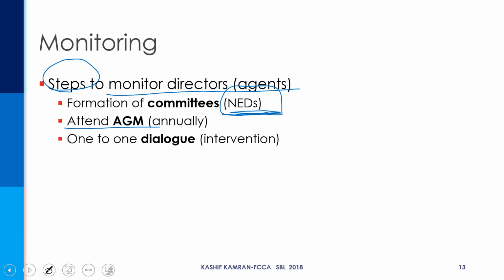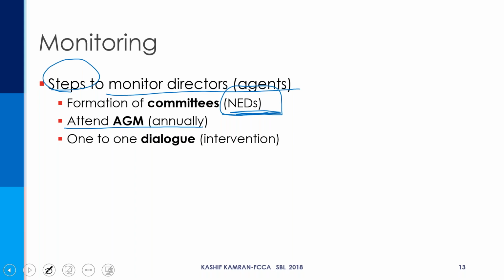Then annually there is an AGM, and all of you know how important AGM is. Once every year there is an AGM, and in the AGM, the shareholder interacts with the agents. If the principal wants to hold the agent accountable, they can hold agents accountable in the AGM.